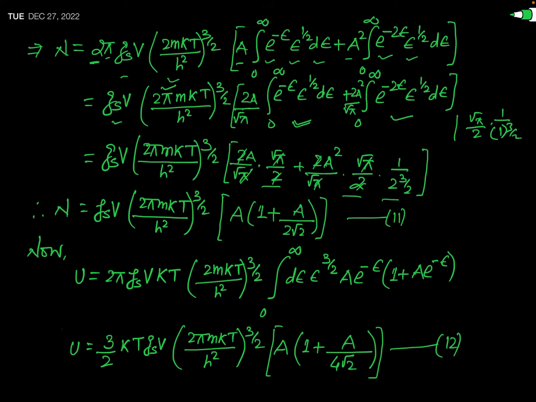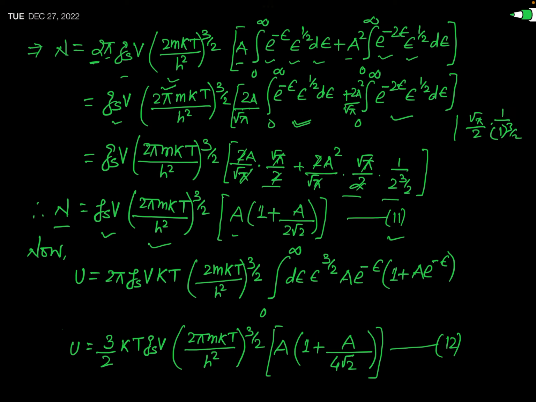So you can write this n as gs into v times 2 pi m kt by h square to the power 3 by 2 times a into 1 plus a by 2 root 2. Okay, so in this way, as a function of a, we have calculated the total number of molecules present in this gas.